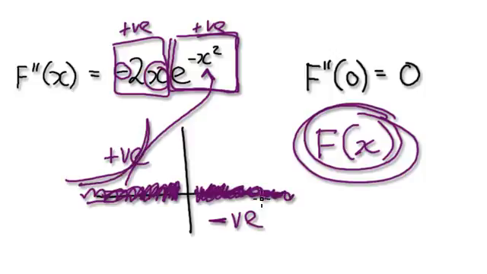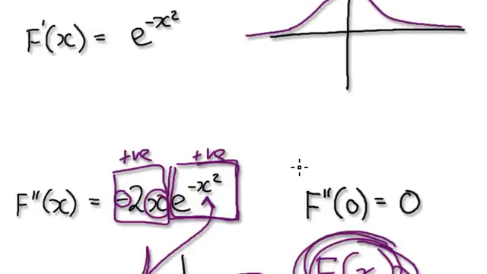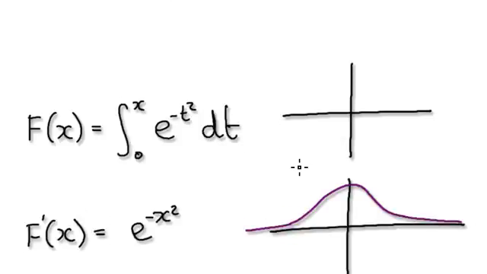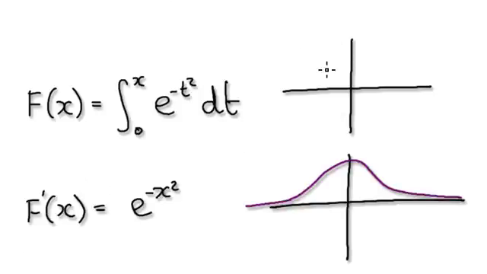If you look at this here, this is actually true. When you're in the negative realm, it should concave up, which it does. And when x is in the positive realm, it should concave down, which is the case.